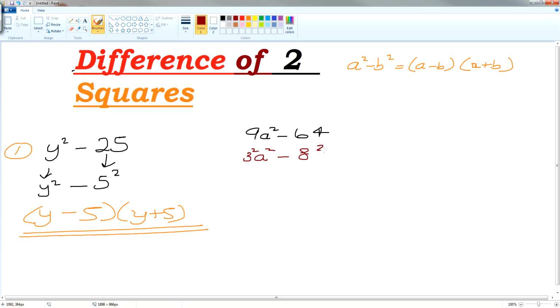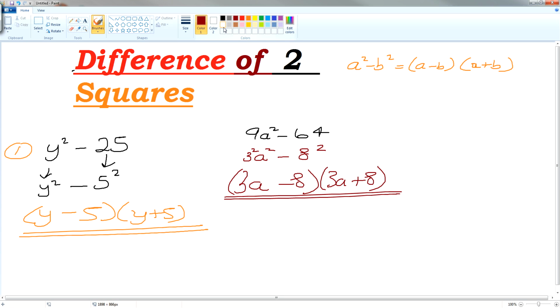That's right, 8 squared. Now, we've got two numbers here. It doesn't make any difference. So it's 3a minus 8 in the first bracket, and then 3a plus 8 in the second bracket, and we have finished the question. So we have factorized 9a squared minus 64 by using the technique called difference of two squares.